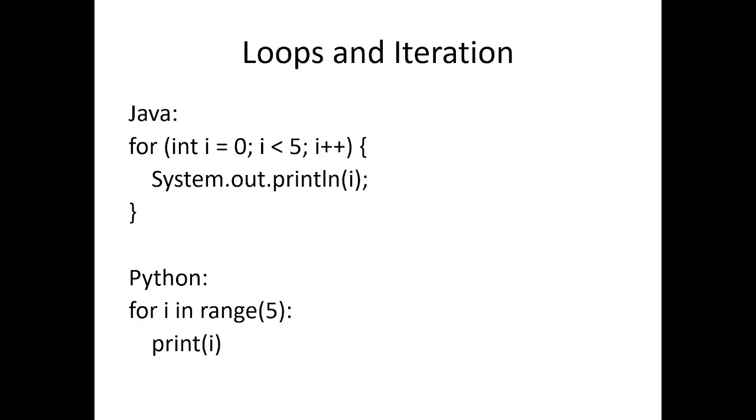Here we want to print values from 0 to 4, because i is less than 5, so 0 to 4 will be printed. i plus plus is a post increment. In the same way in Python, we are not even telling the integer type. We just define i in range of 5, and if you print, it will print the 5 values. In Java also, it is 0 to 4, which means it prints up to 5 values, right? So this is loops and iterations.